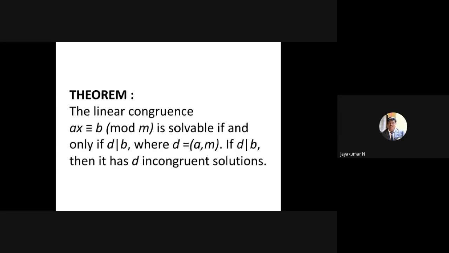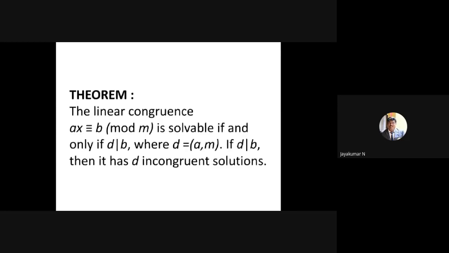Here a is the coefficient of x on the left hand side of the congruence, and m is the modulus value. Taking the GCD of the coefficient of x and the mod value gives d. If d divides b, then it has d incongruent solutions. So here d is the number of incongruent solutions.